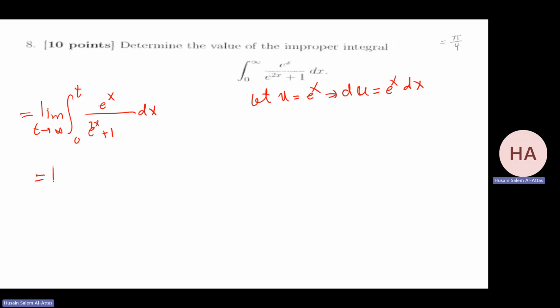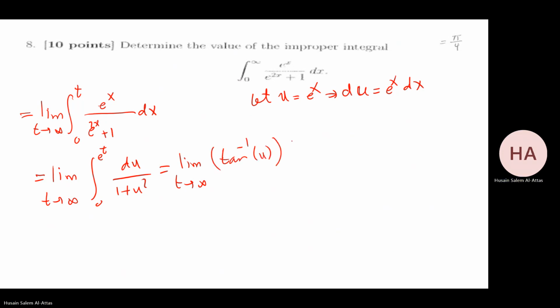So that will be the limit as t goes to infinity of the integral from 0 to e to the power t of du over 1 plus u squared. That will be tan inverse of u from 0 to e to the power t.